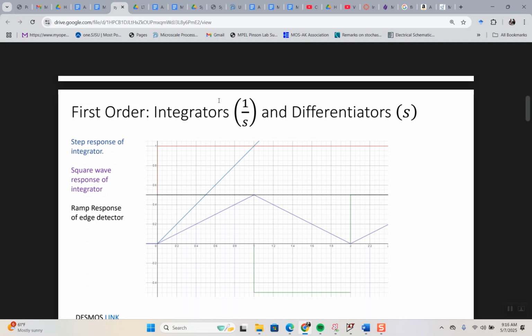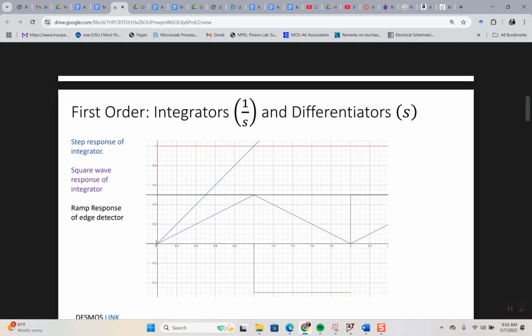So integrator, 1 over S, or differentiators, right? If red is the step, well, from convolution or integrating a constant gives you a ramp, straight out of Calc 1, right?